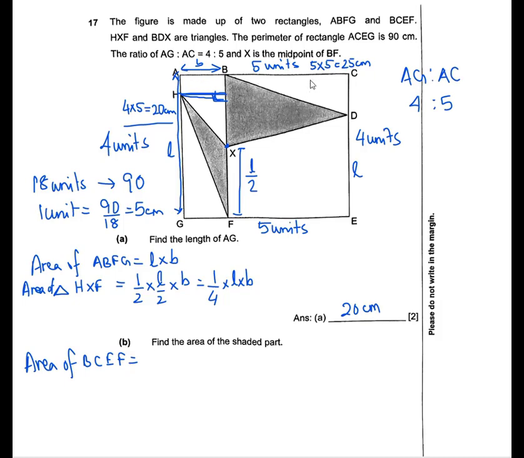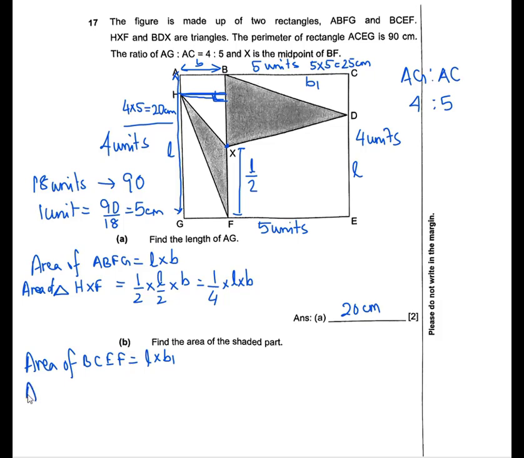Let's assume this to be B1, for example, this length from here to here. Now first let's look at the area of this rectangle BCEF. Area of BCEF is length times breadth. If you consider this as length, this is breadth, L times B1.